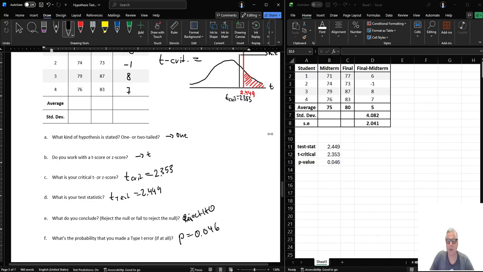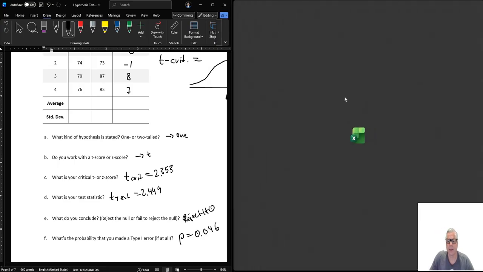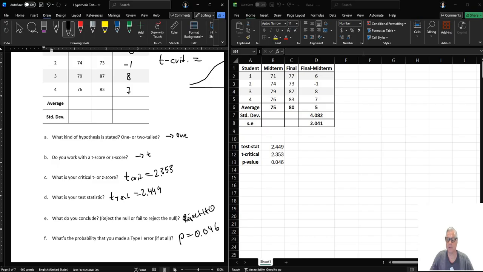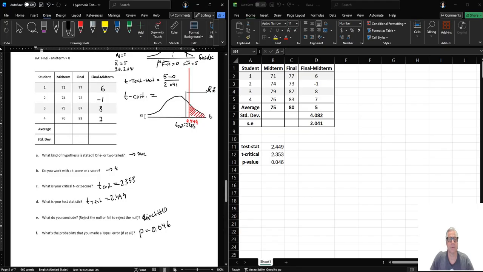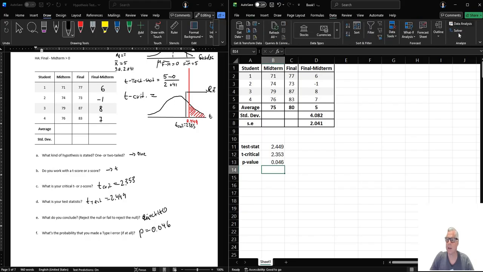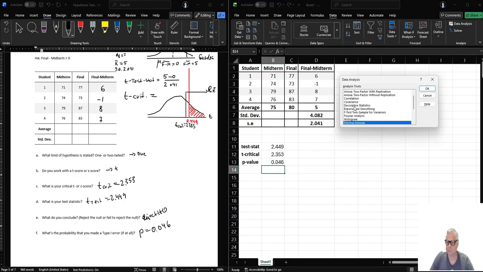Okay, so now let's see what we get if we let Excel do everything. So now we go to data analysis, and we go to a t-test paired two sample for means.